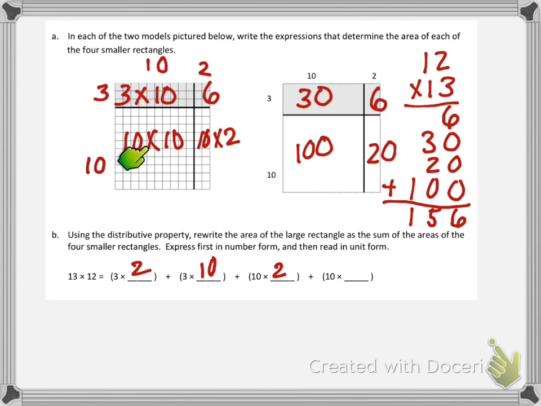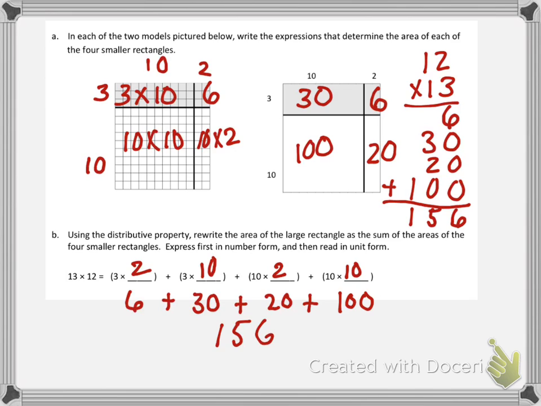And our last one, we're doing 10 times 10. So now if we actually solve it, we have 6 plus 30 plus 20 plus 100. If you look over here, these partial products match these partial products. It's the same thing. And all of this would give us the product of 156. Guys, I know it's a lot of work and a lot of steps, but if you really take your time on it, you will master this.